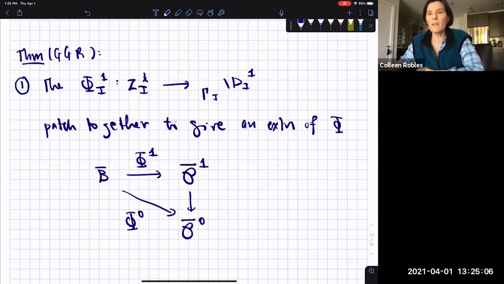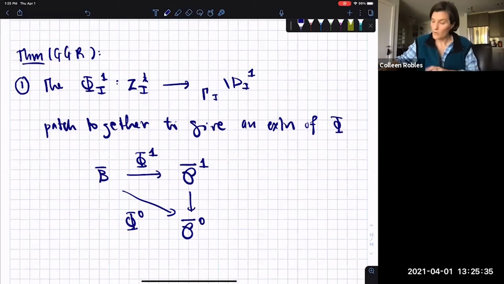The fact that these patch together to give an extension is essentially by the same argument as for this map phi naught. Locally, it's the SL2 orbit theorem of Cattani, Kaplan, Schmid, or alternatively the relative weight filtration property. And then globally, you use the fact that the period map is contained in only finitely many Siegel sets out at infinity.